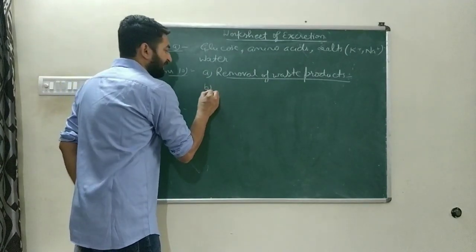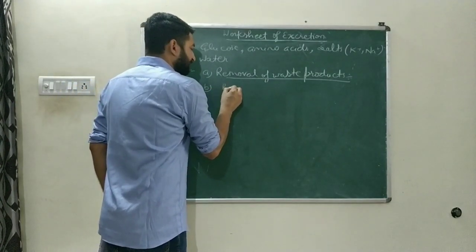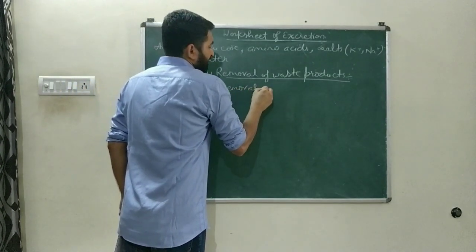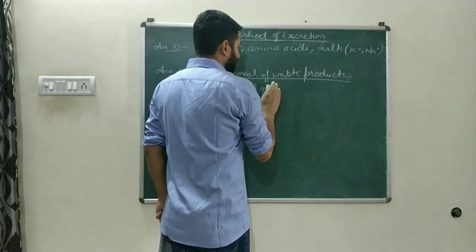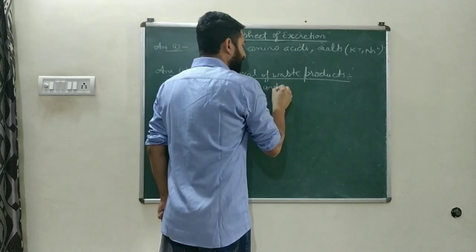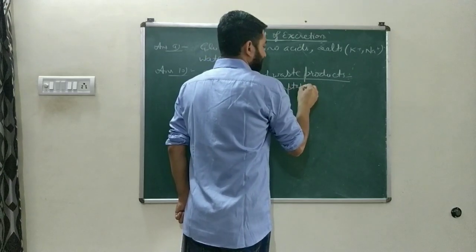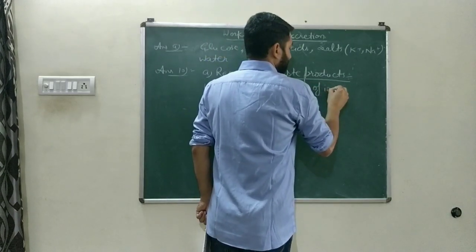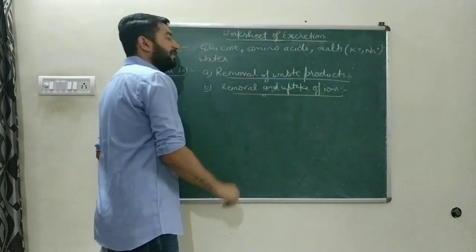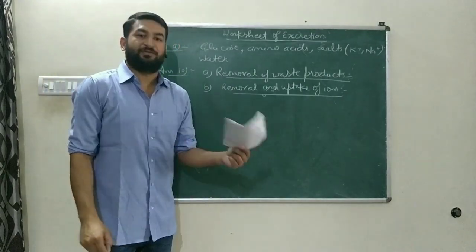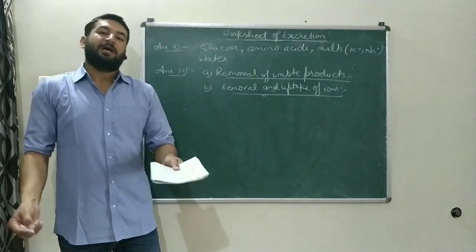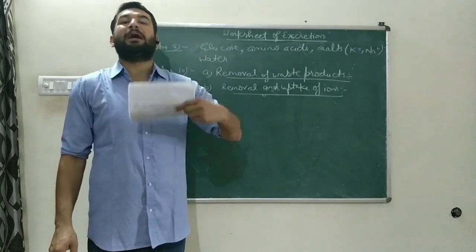The second is acid base, then removal and uptake of ions. Some part of the nephron absorbs hydrogen ion and releases bicarbonate ion.